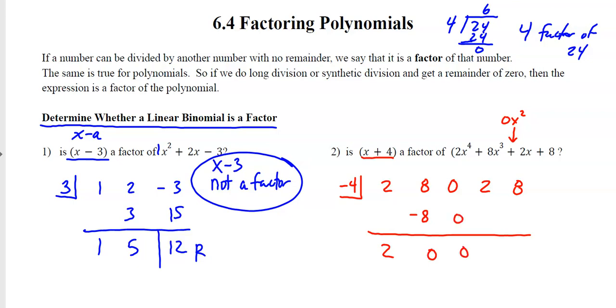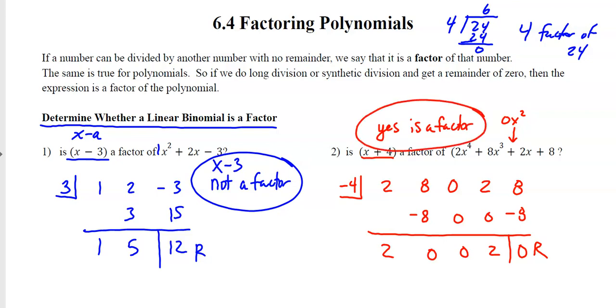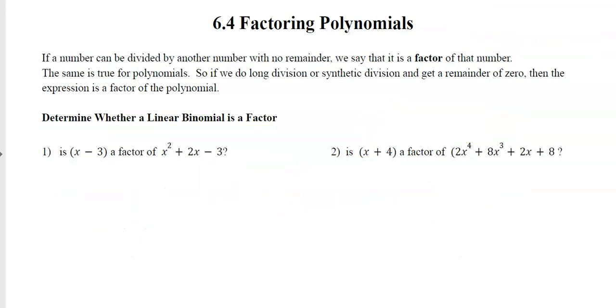Add, you get 0. Negative 4 times 0 is 0. Add, you get 2. Multiply, you get negative 8. And we do get a remainder of 0. So that means that x plus 4, yes, it is a factor. So that's just a nice little way to use synthetic division and the remainder to see if something is a factor.